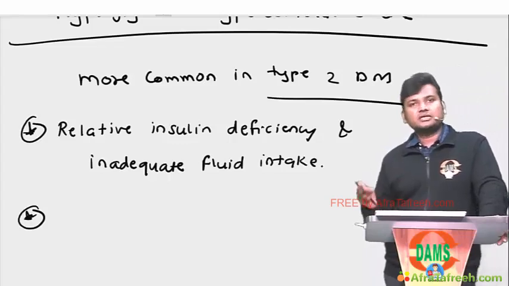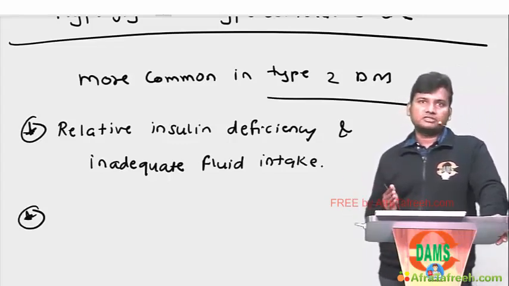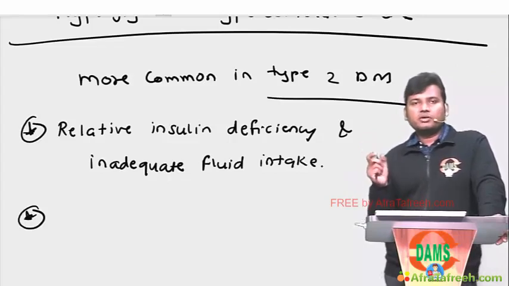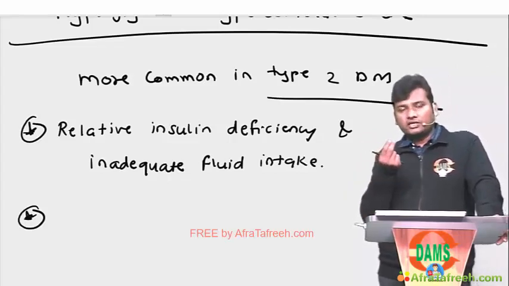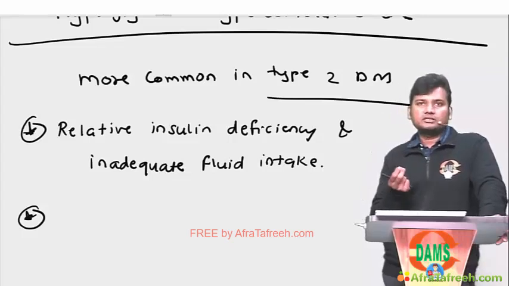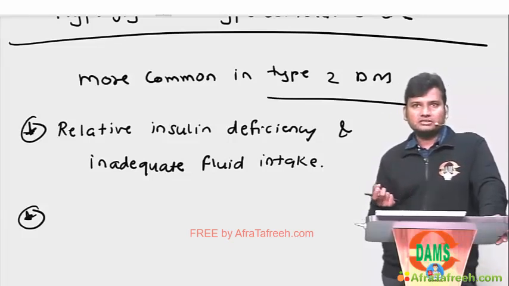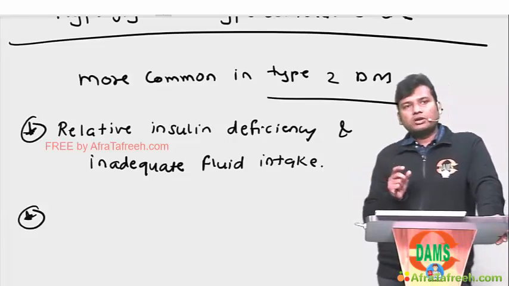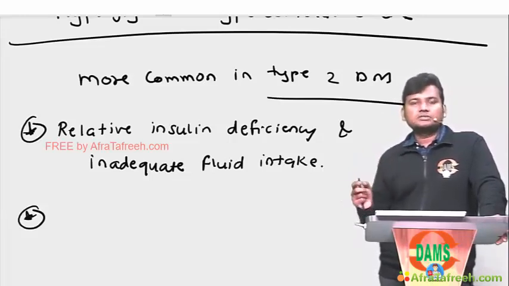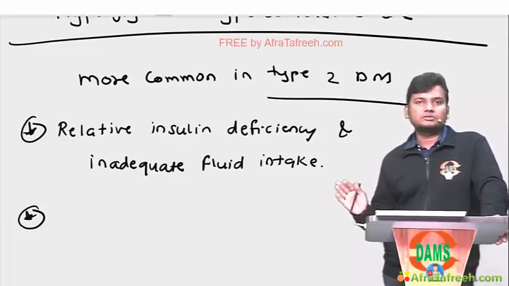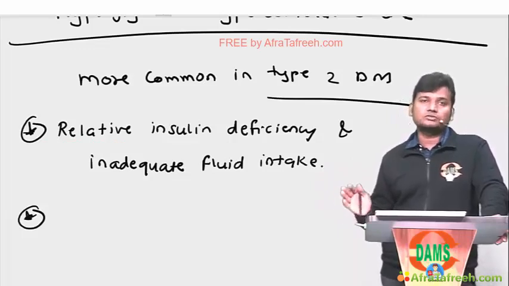These patients are having mild to moderate deficiency of insulin. So some amount of insulin is always present in blood, and a very small amount of insulin is required to stop lipolysis. So a small amount of insulin will stop lipolysis and ketone synthesis can be stopped. So generally in these patients ketone synthesis is absent, ketones are absent.